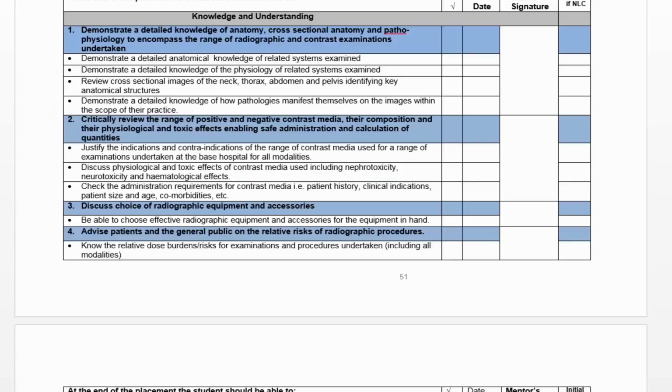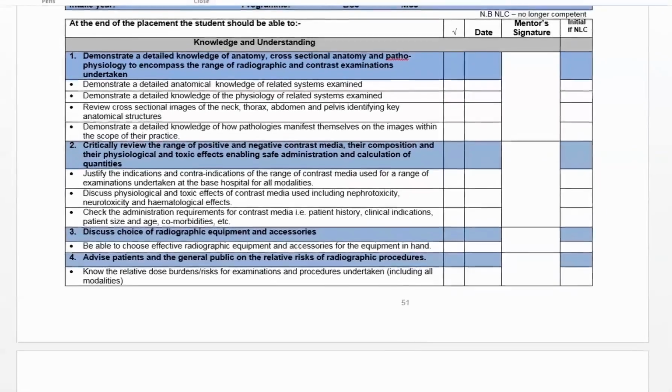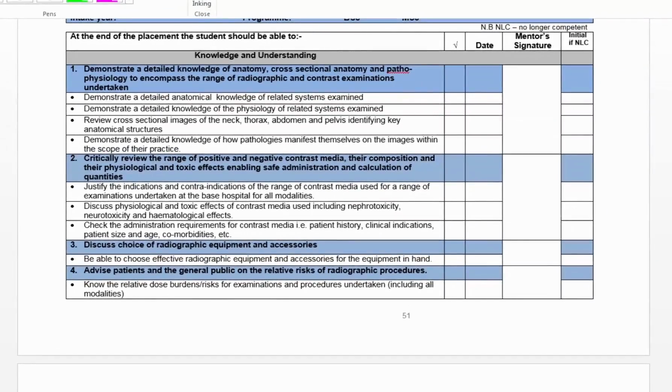You can see here we've got things around justifying the indications and contraindications for contrast media, the effect that it has on the body, the nephrotoxicity, acute kidney injury, any of the neurotoxic effects as well, and also the administration requirements for contrast media. Those are your three main competencies for that particular learning outcome.